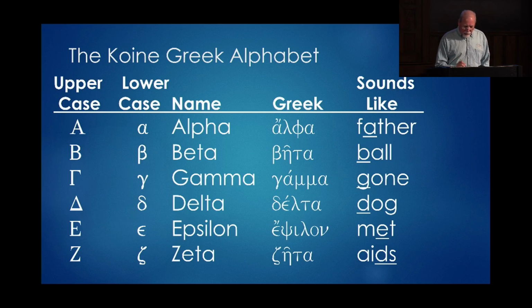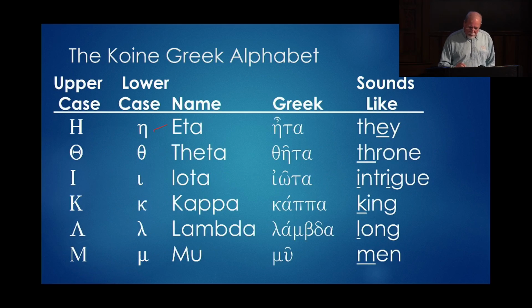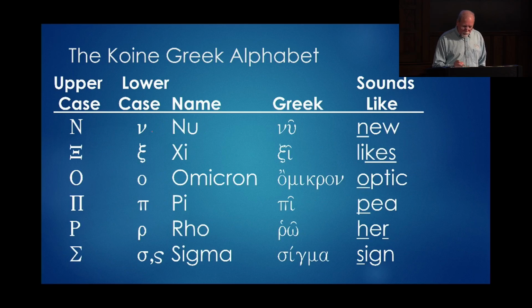Ready? Alpha. Beta. Gamma. Delta. Epsilon. Zeta. Eta. Theta. Iota. Kappa. Lambda. Mu. Nu. Xi.